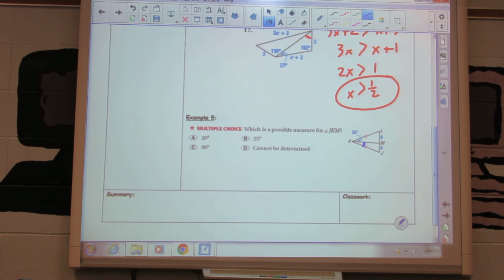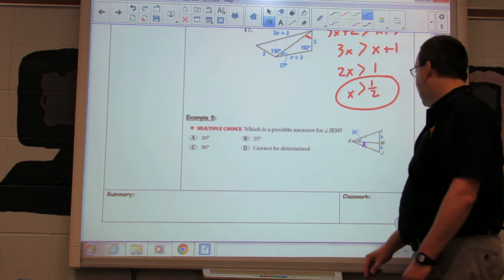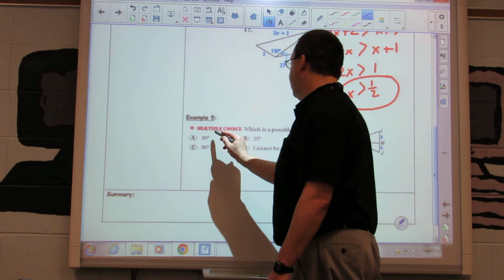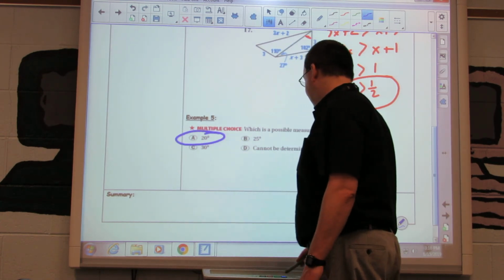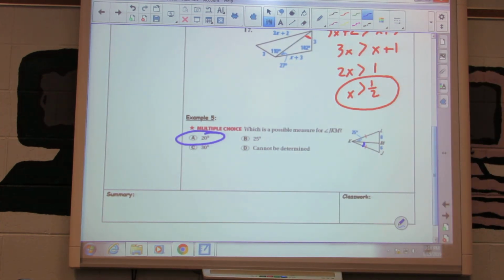If it's less, it's 20. If it's equal, it's 25. If it's more, it's 30. Since 8 is bigger than 6, based on our hinge theorem, 25 has to be bigger than what I'm doing, so A would be my answer. And that is how we use the hinge theorem and compare inequalities within two different triangles.